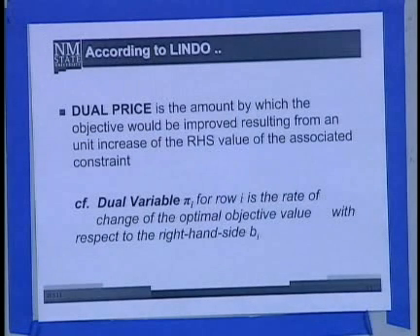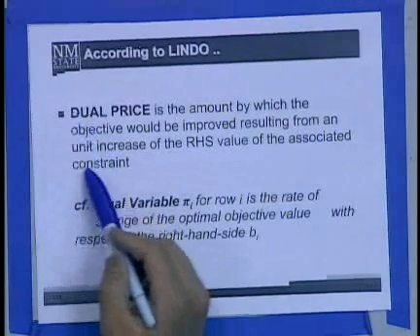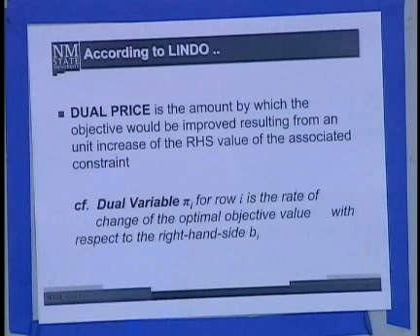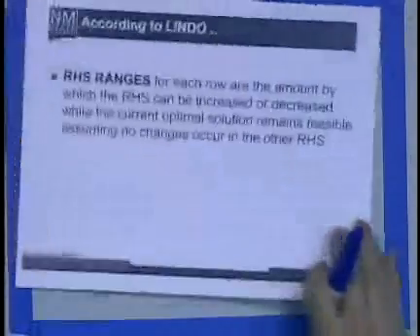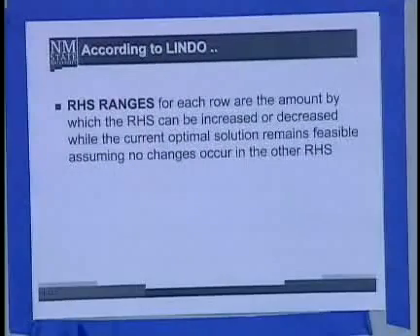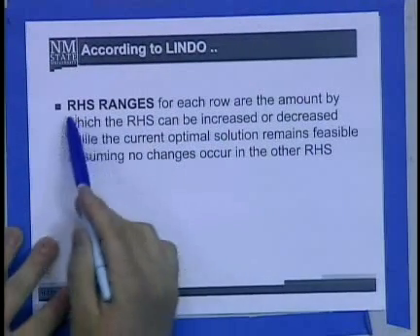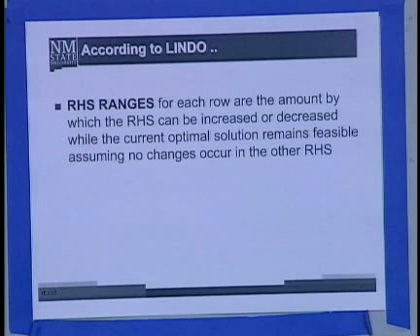However, you remember this definition of dual price applies only if the change in the right-hand side of the corresponding constraint leaves the current optimal solution feasible, right? Which means the dual price remains valid within these allowable right-hand side ranges. Is that correct?